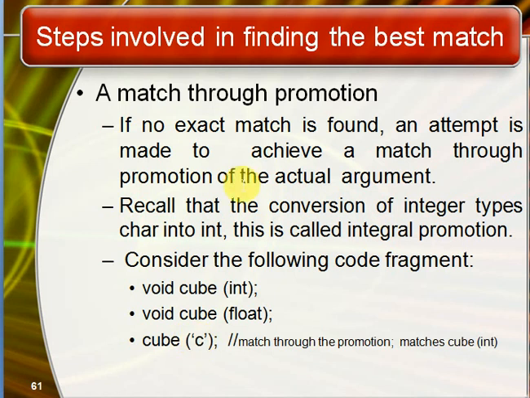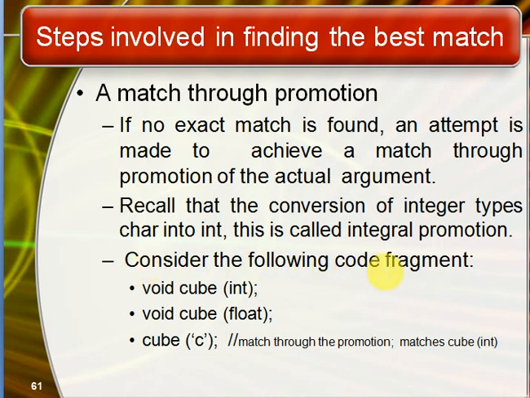The second case is a match through promotion. If no exact match is found, an attempt is made to achieve a match through promotion of the actual argument. Recall the conversion of integer types, such as character, into int; this is called integral promotion.